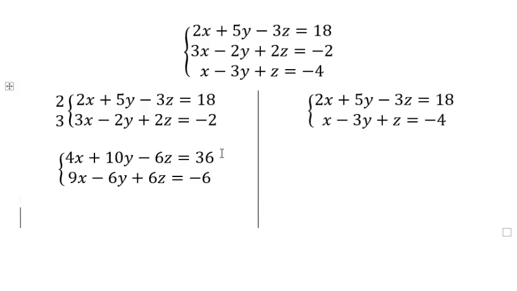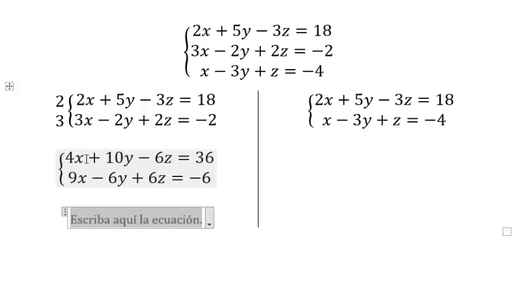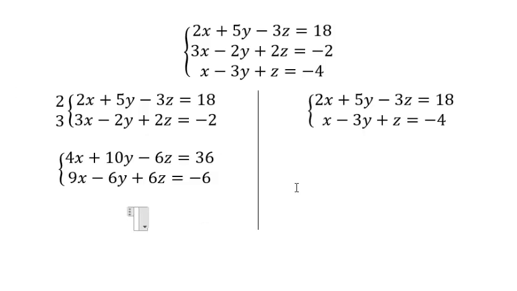Okay, what am I going to do next? What I'm going to do is add and subtract each one of the letters and numbers in column, like 4x plus 9x. That will give me 13x.